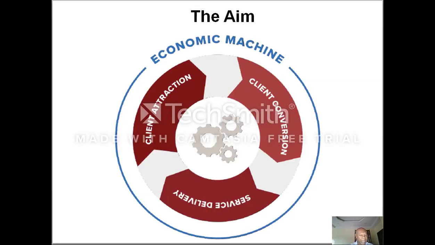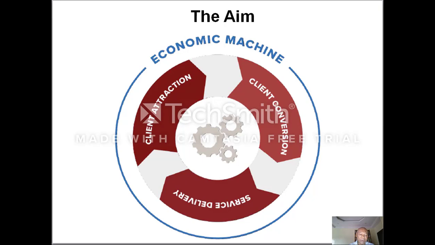All right, the aim of the whole process, the result, is for you to be able to build your economic machine. Yes, economic machine consists of just 3 different processes: client attraction, client conversion, and service delivery. Whatever type of service you are delivering, the first thing, you need to get clients, and then you need to convert them, and then you deliver the service, and along the line you monetize your efforts.